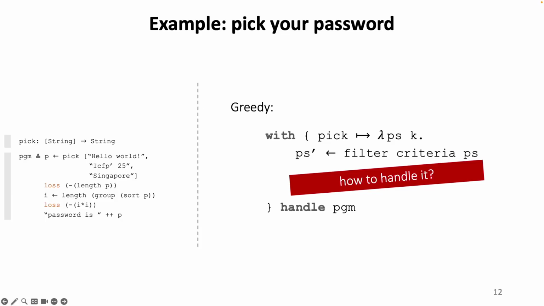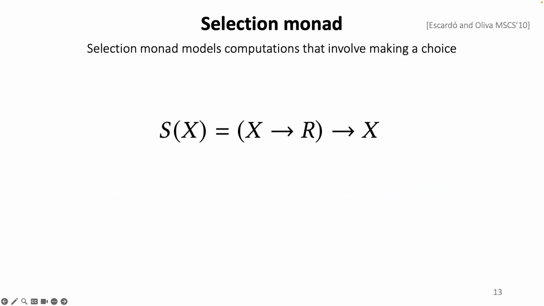Because to implement our desired semantics, making a decision that minimizes the loss, we would first need to know the loss associated with each candidate. But we do not have that piece of information available when we define this handler. And this is how the selection monad comes into play. The selection monad basically models computations that involve making a choice.